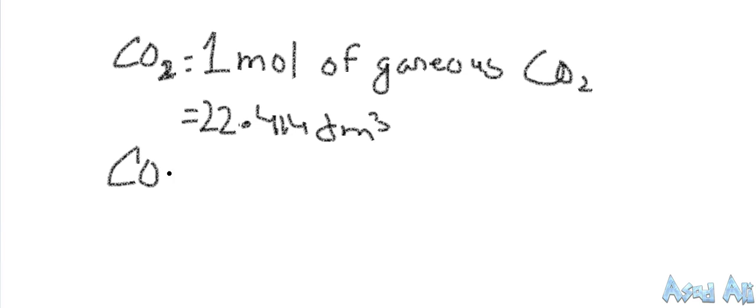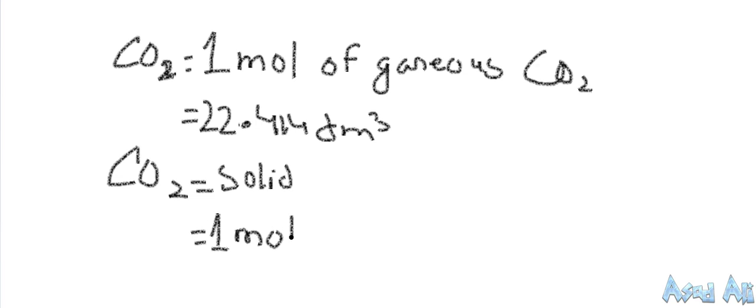But if there is solid CO2, 1 mole is 44 grams. So if you have 22.414 decimeter cube of CO2 gas, that means it's 1 mole. And if there are 44 grams of solid CO2, that will be 1 mole of CO2.